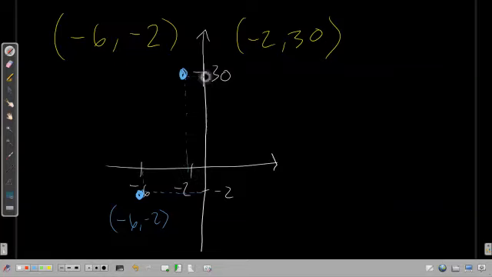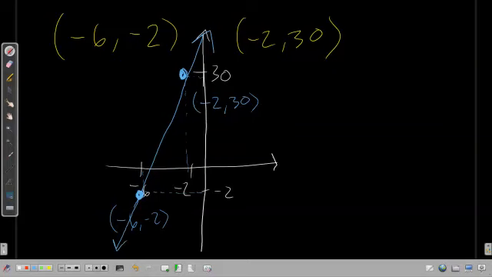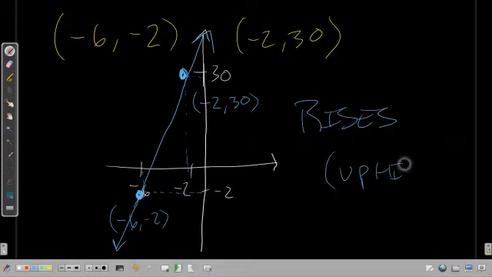Because the x value is -2 and the y value is 30, that's the ordered pair -2, 30. I can already see what the answer to the last part of the question would be. This line goes uphill. It rises as we move from left to right. It goes uphill. Same difference.